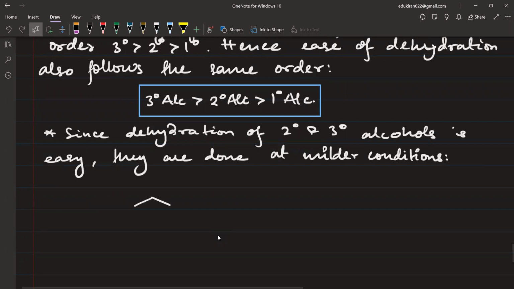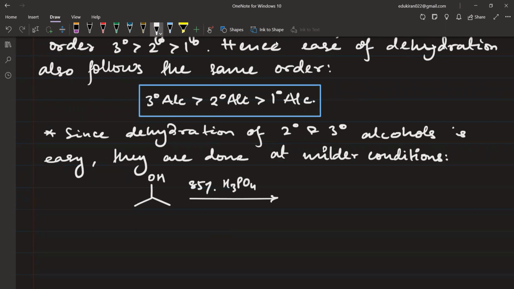If you have 2 degree alcohol, then we will be using not H2SO4 but 85% H3PO4, and the temperature will reduce a bit to 440 Kelvin. And here also we will be getting alkene.